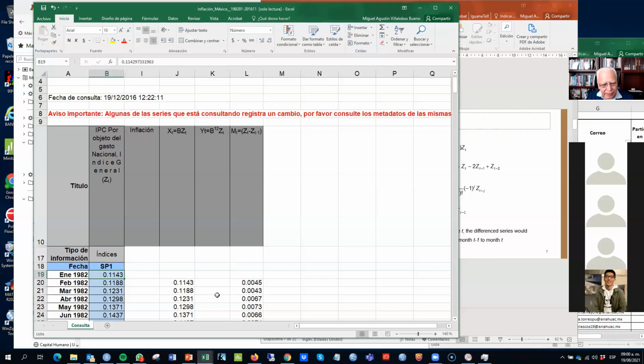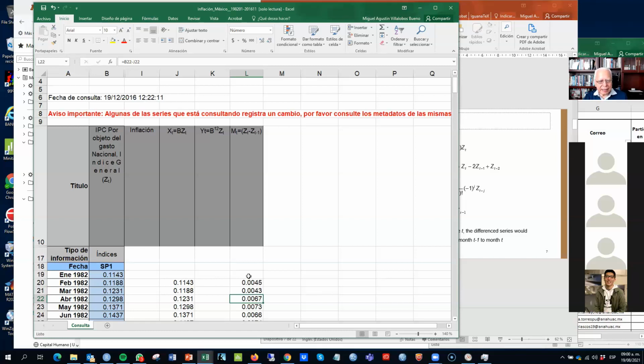And the next observation here is 0.1231 minus 0.1188. That's the second observation, and so on. That's the first difference of my CPI series.